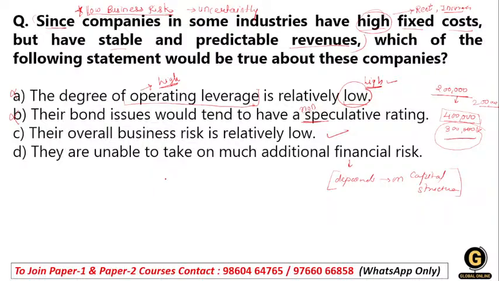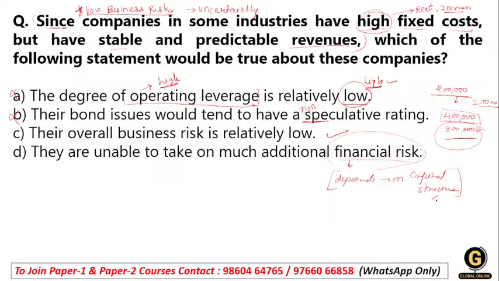So this option says that there is enough additional financial risk, but this additional financial risk does not depend on fixed cost, it depends on what kind of capital structure is followed by the company.